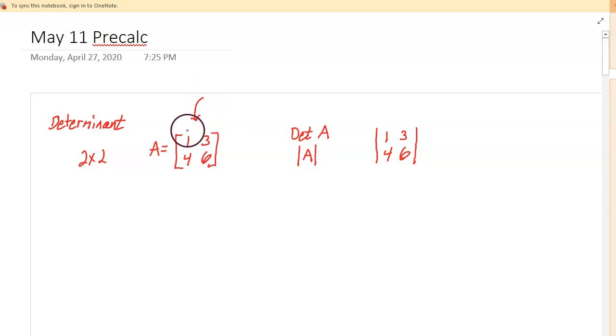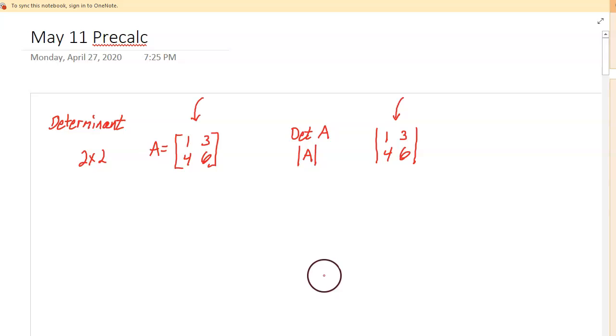This notation with brackets indicates a matrix containing the numbers 1, 3, 4, and 6. This notation with vertical lines indicates the determinant of the matrix containing 1, 3, 4, and 6, and this is equal to a real number.